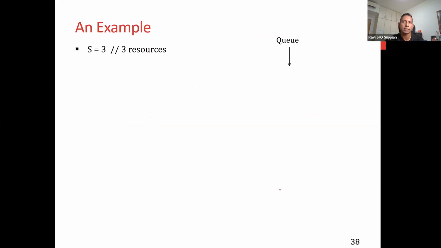Okay, so let's look at this example over here. We are starting out with 3 resources. The term P is equivalent to take, and I think V is equal to give. So when I say P, that means I want to take a resource.